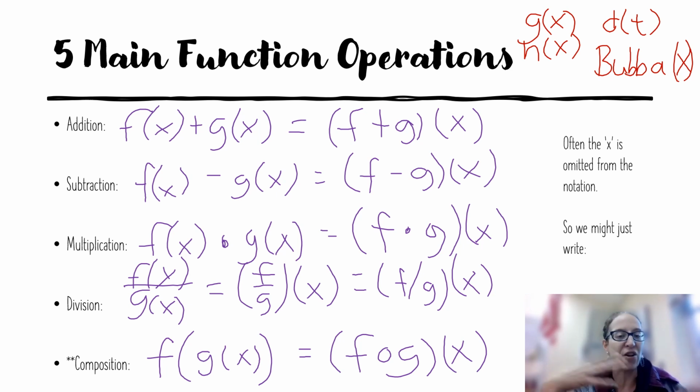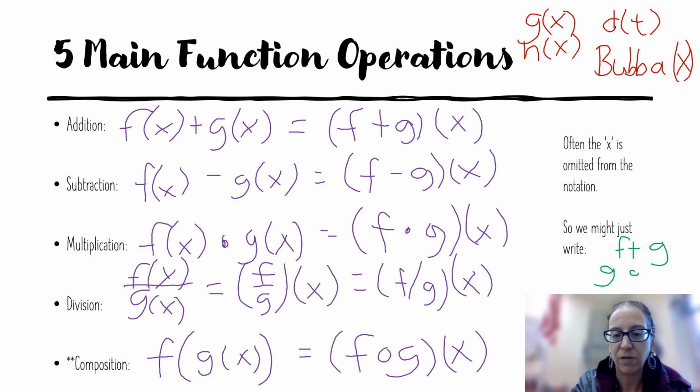The rest of the people still don't always want to write it because it feels like extra writing. So a lot of times we might write something just like f plus g, or g composed with f. And a lot of times you won't see the of x there, and that's totally fine as well.